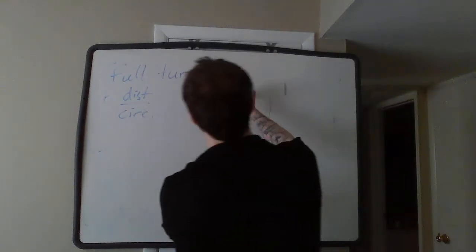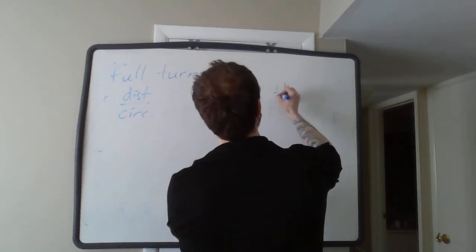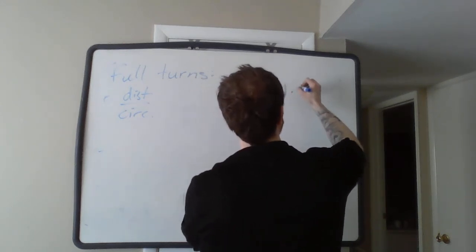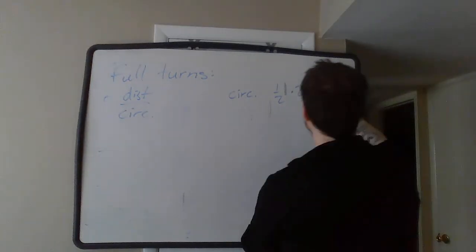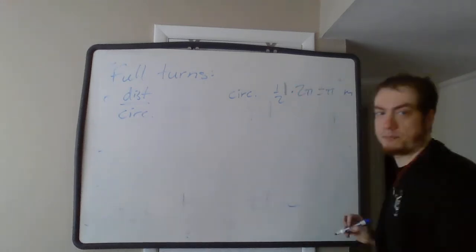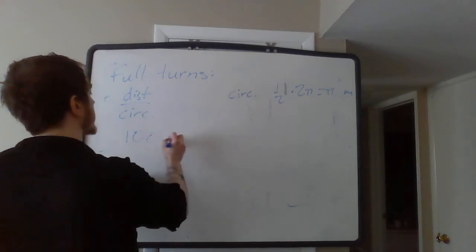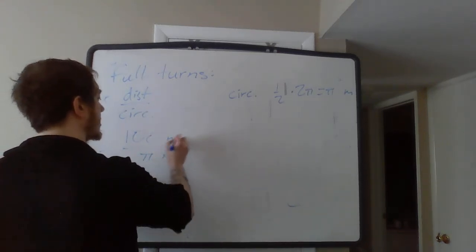The circumference is going to be 1/2 times 2 pi, because remember, it's 2 pi times the radius, which comes out to be pi in meters. So the number of full turns that I make is 100 meters divided by pi meters.